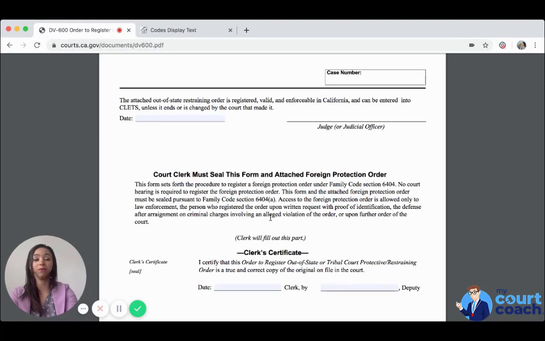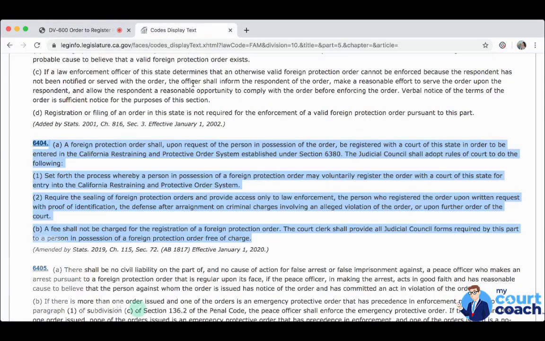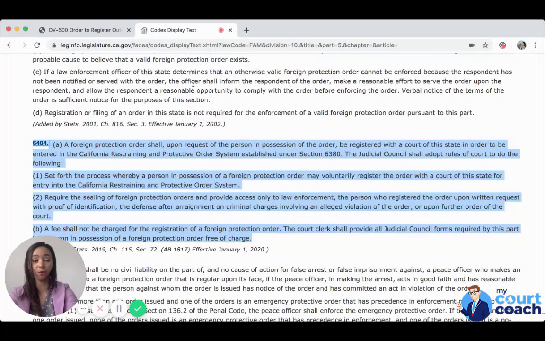Now the clerk has some very important instructions that are codified by Family Code Section 6404. So we're actually going to take you to Family Code Section 6404, because it states that a foreign order shall, upon request of the person in possession of the order, be registered with a court of this state in order to be entered in the California Restraining and Protective Order system.